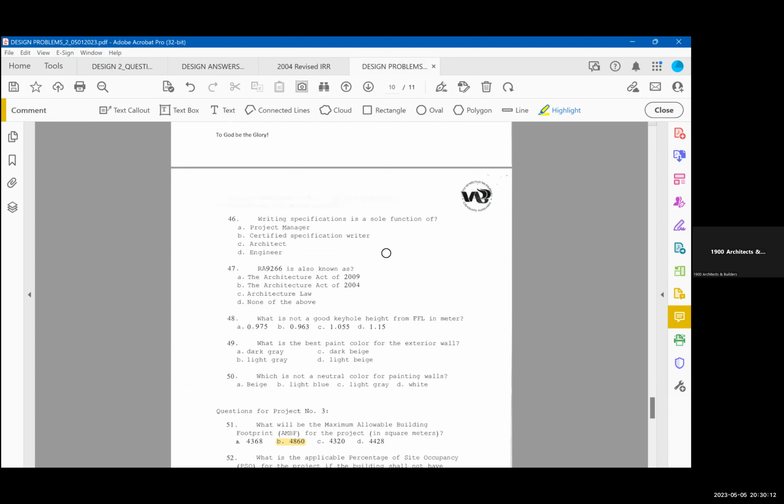Okay, number 46. Writing specifications is a sole function of A, project manager, B, certified specification writer, C, architect, D, engineer.